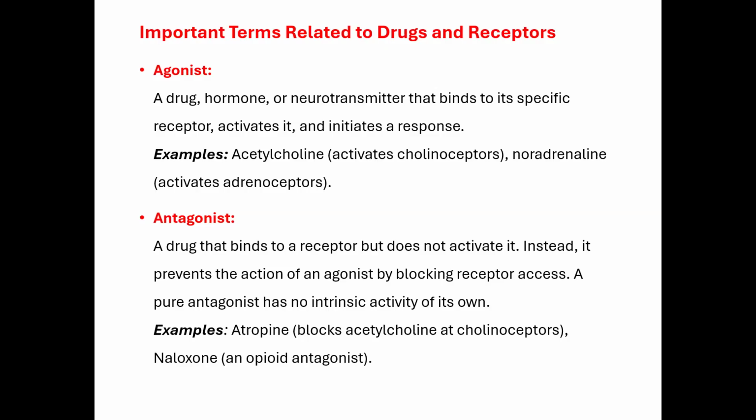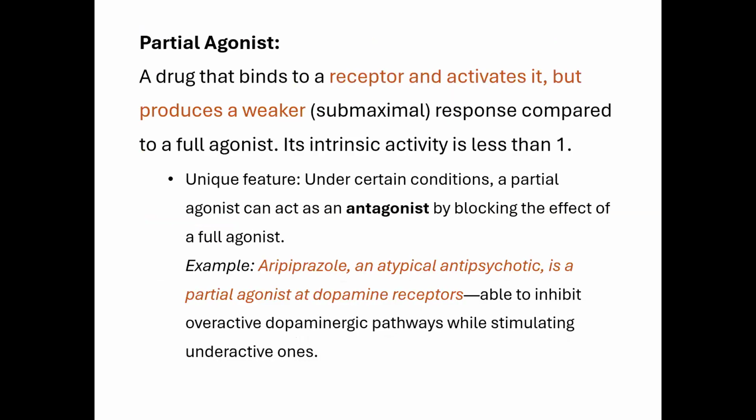That's why we say an antagonist has no intrinsic activity of its own. Examples of antagonists are drugs like atropine, which binds to a muscarinic receptor and blocks it, and naloxone, which binds to an opioid receptor and blocks it. So it has the affinity for the receptor, but doesn't have the intrinsic activity.